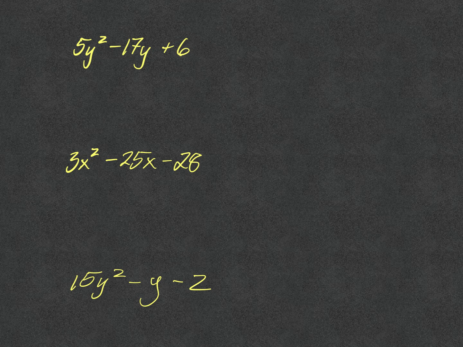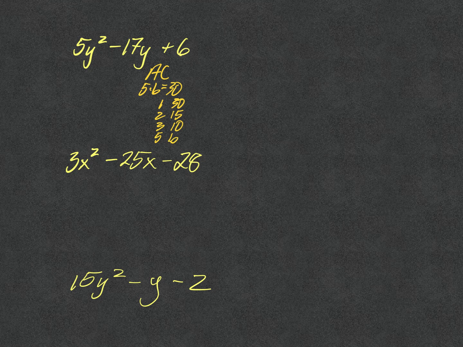So the first one, I'm going to demonstrate AC because it works in every case. So A times C is 5 times 6, which is equal to 30. And so the factors of 30 are 1 and 30, 2 and 15, 3 and 10, 5 and 6.